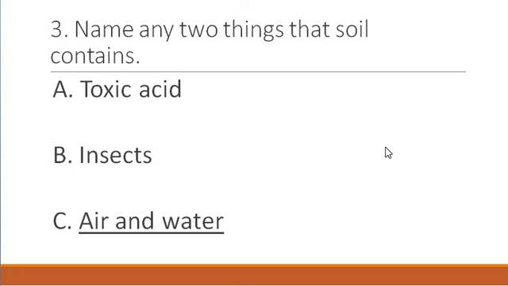So here you can see that air and water is the correct answer. Also, if you have already learnt by heart the two example answers, you should know the correct answer. Okay, now repeat after me. Name any two things that soil contains.